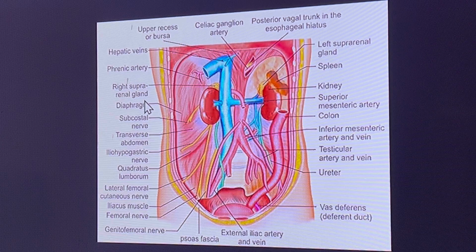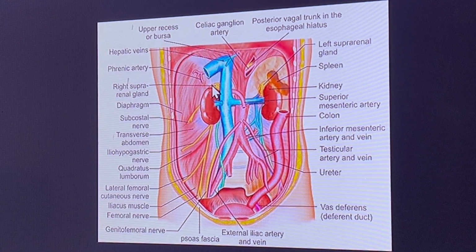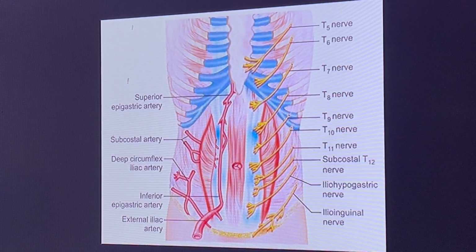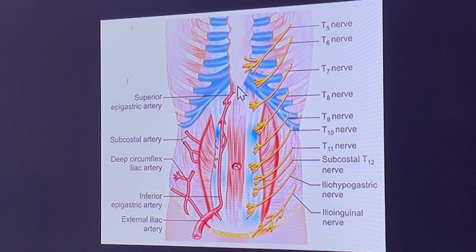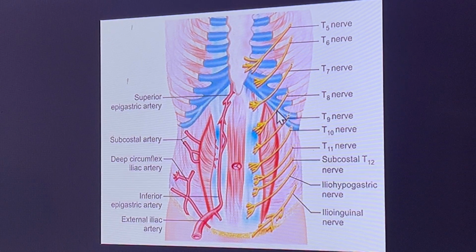This is a very general diagram of the abdomen, just to give you an idea. So next, you have the superior epigastric artery, which is here, the inferior epigastric, which is coming from the external iliac artery branch, and then you have the deep circumflex arteries. These are all superficial arteries which you will see.